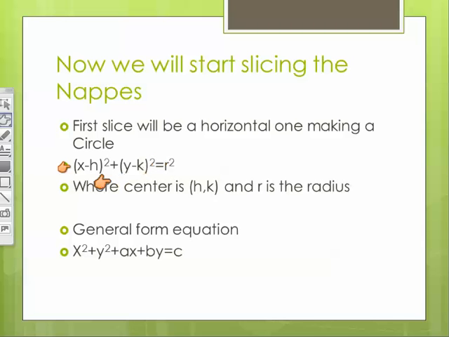As you read through the lessons, you'll discover h and k are the center of the circle, and r is the radius. So the entire first set of lessons, we're talking about circles, we're talking about this equation right here, where you've got h and k and the radius.